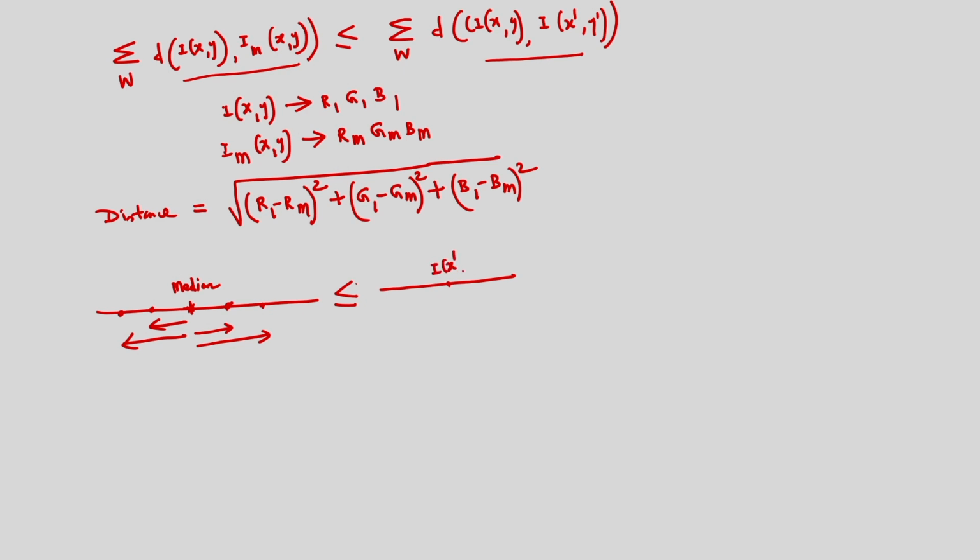If I consider another pixel and find the distance between this and other pixels within this window, then the distance between any pixel and the median pixel will be less than or equal to the distance between two pixels within that window. So pictorially I have shown this one.